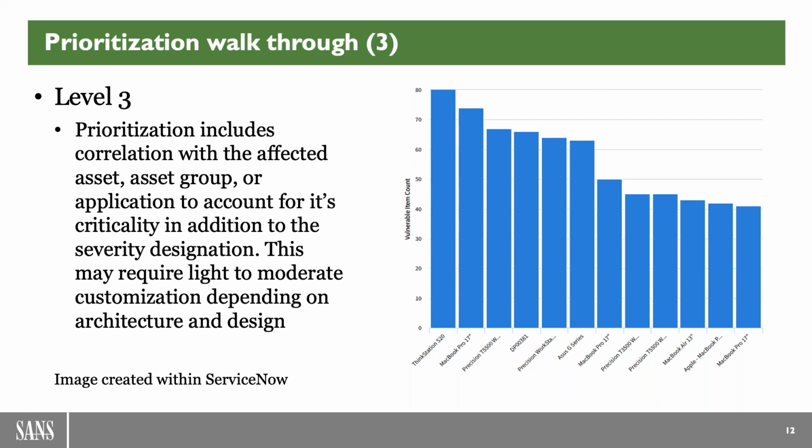In the example off to the right-hand side, if you're looking at the y-axis of that diagram, what you're seeing is the vulnerability count. So you can see I've got whatever number of vulnerabilities associated with it. At the bottom, we've broken it up by, in this case, more of a hardware type. We're seeing things like the ThinkStation S20s. We've got MacBook Pros 17-inch in there as examples.